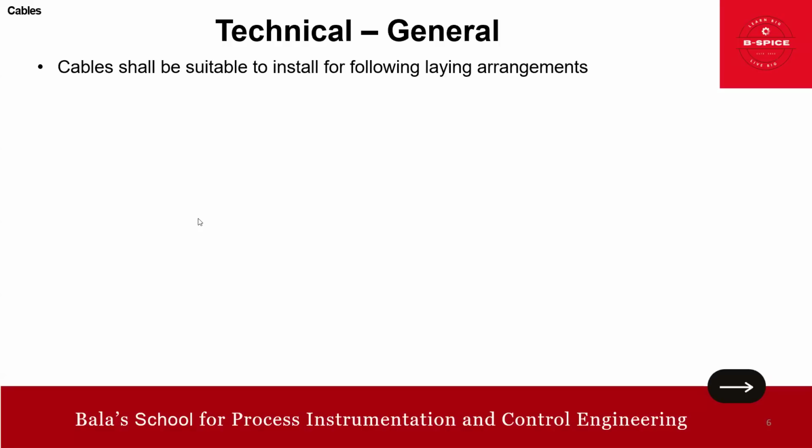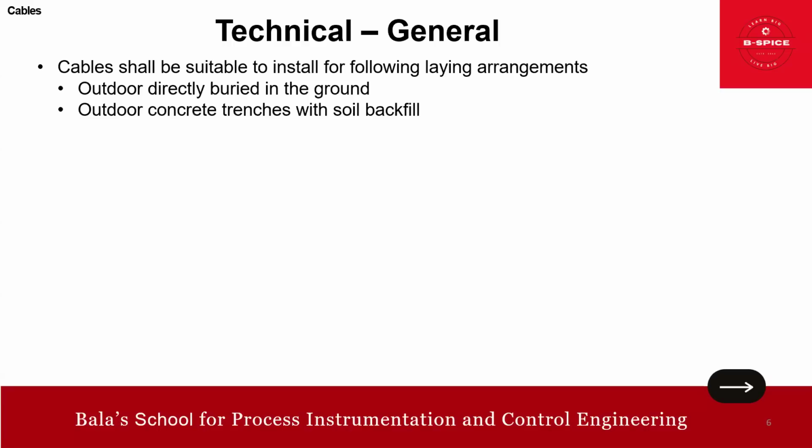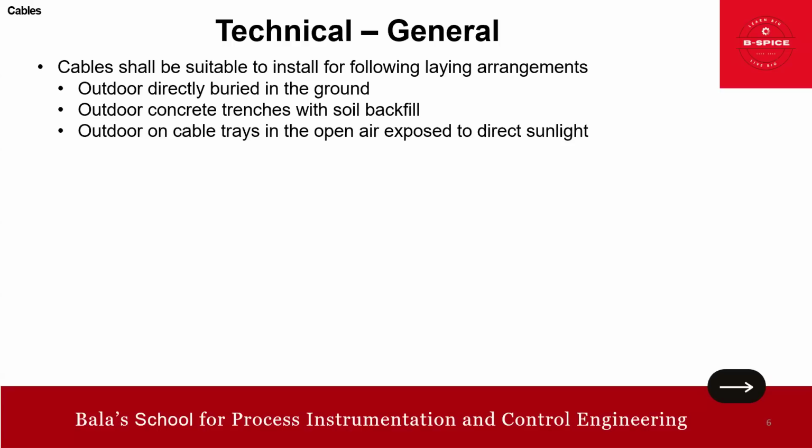Cable shall be suitable to install for the following laying arrangements: outdoor directly buried in the ground, outdoor concrete trenches with soil backfill, outdoor on cable trays in open air exposed to direct sunlight, and inside buildings in cable trays, conduits and ducts. Basically, the cable should be suitable to install in all these conditions.